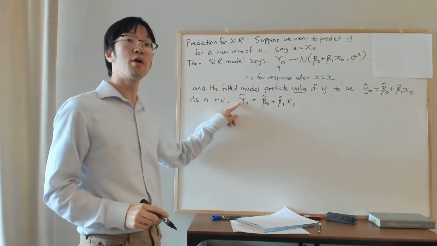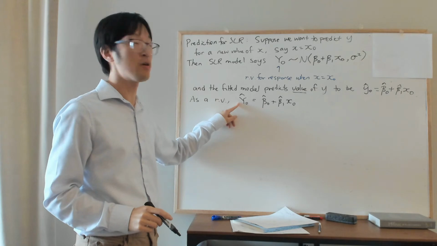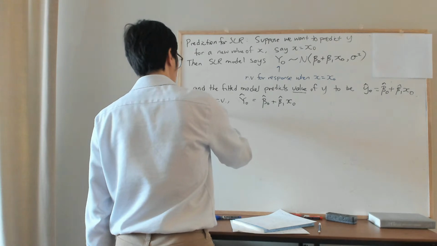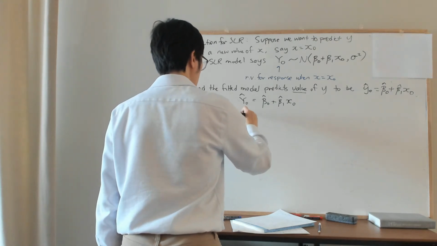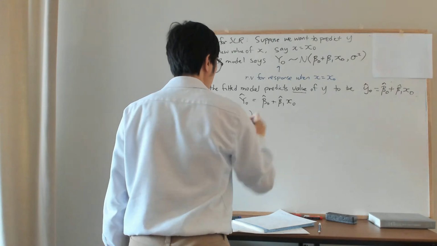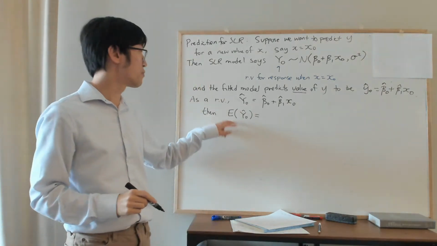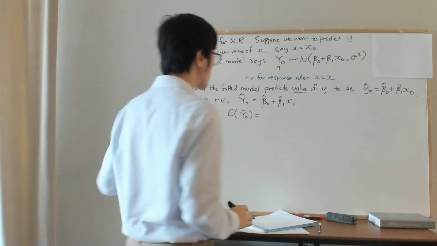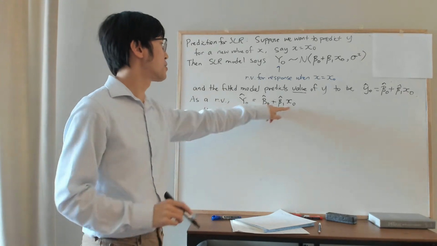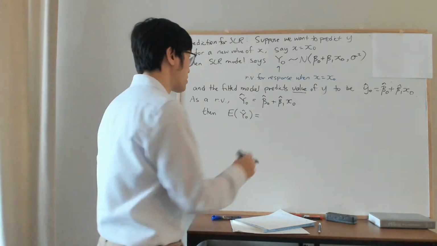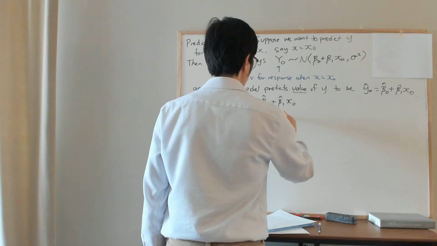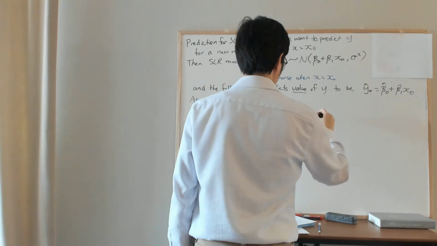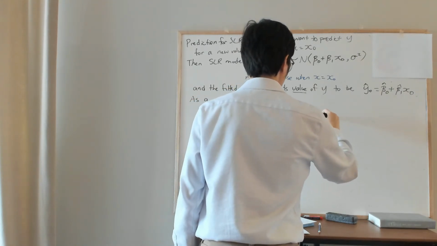Thinking of it as a random variable, we can look at its mean and variance. So let's do an expectation calculation first. Let's take the expected value of this prediction as a random variable. By the linearity of the expectation, I can take the expectation on the right hand side. So I have E of beta 0 hat, and x0 is a constant, so pull it out, and then E of beta 1 hat.